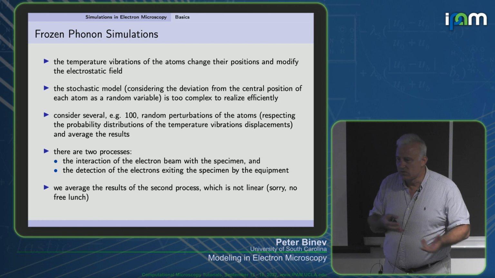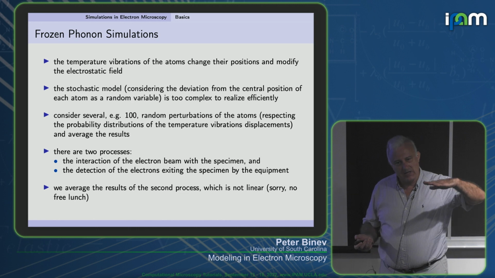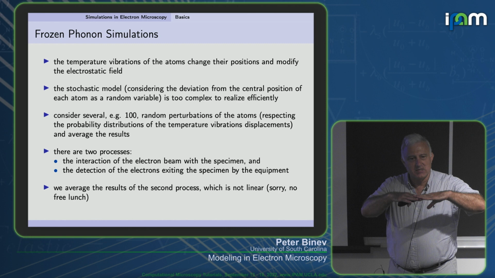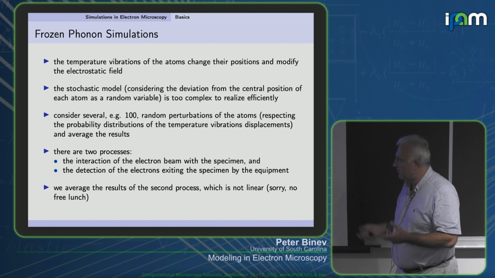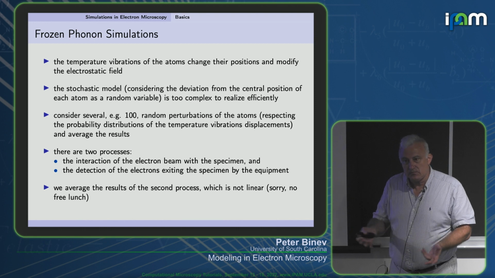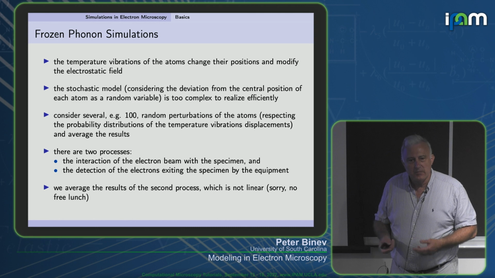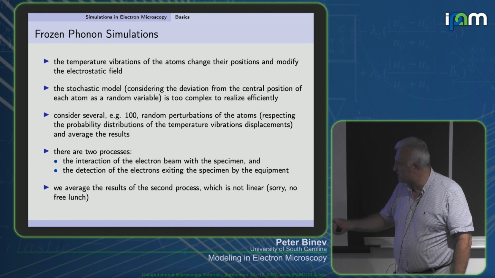However, when we want to see what is happening after the electrons exit the sample and go to the detectors themselves, they detect in a nonlinear way, which means the linearity is lost, and we have to consider this process to get the results and then average.